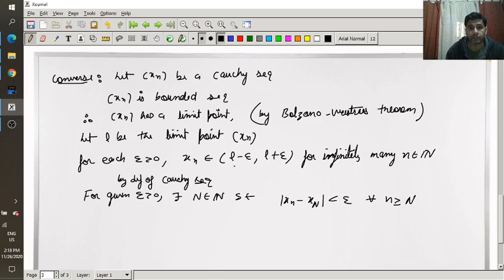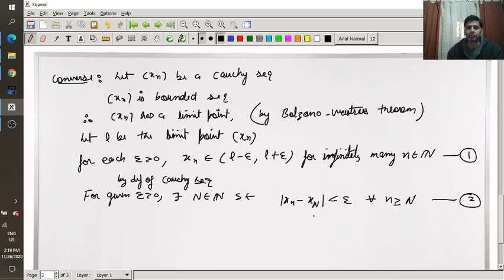Now we will prove that this sequence xn is convergent and it will converge to L, the limit point, by using these two statements. First one is this and second one is this.